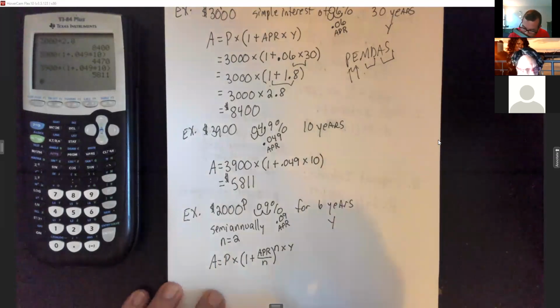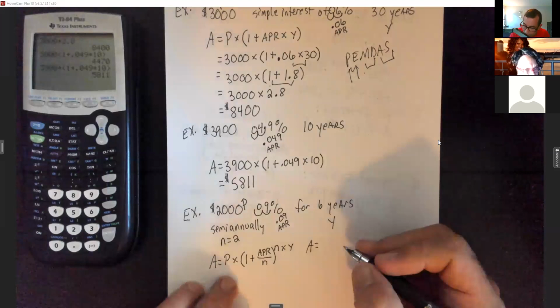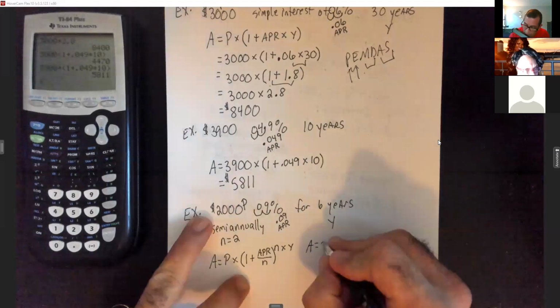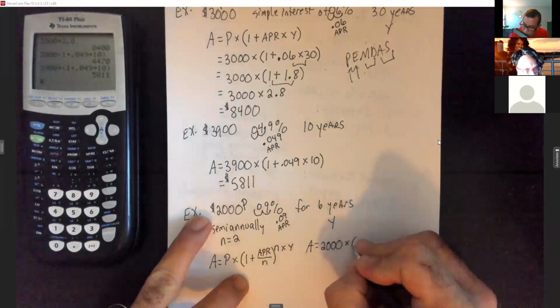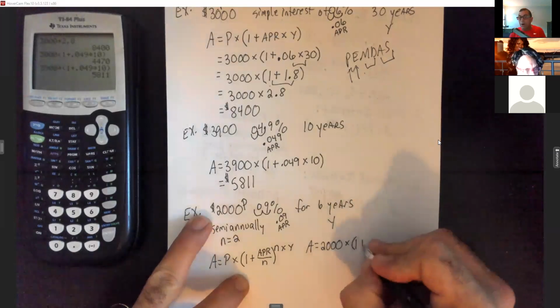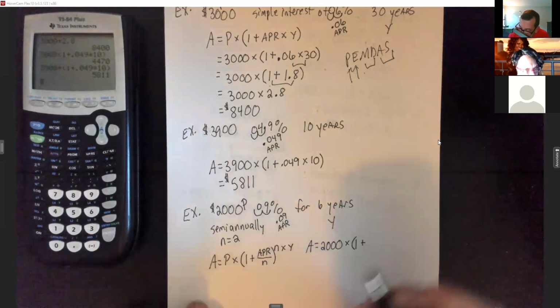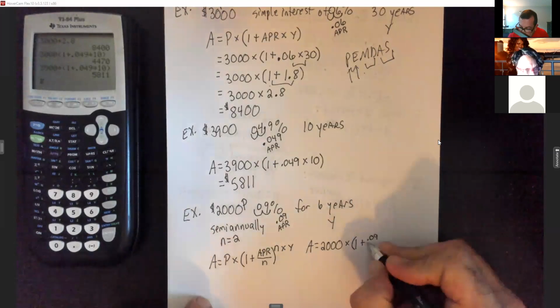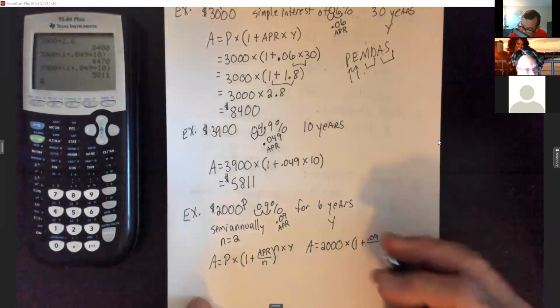Here we go. We're going to have A equals P, which is 2,000, times parentheses 1 plus APR, which is 0.09, divided by N, which was 2.